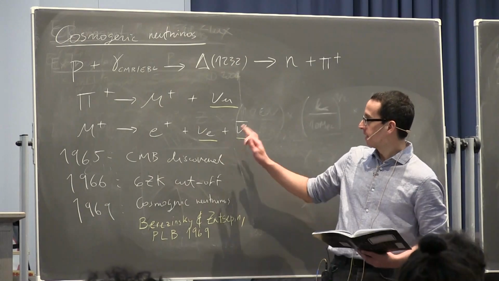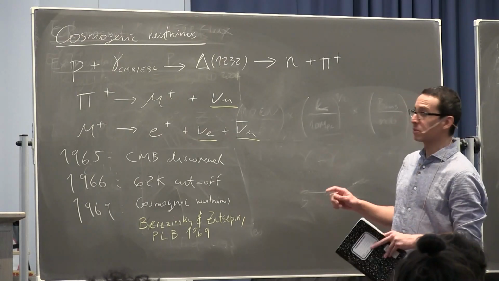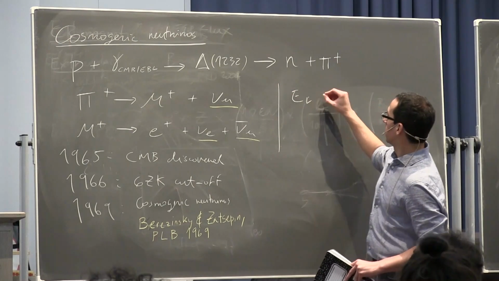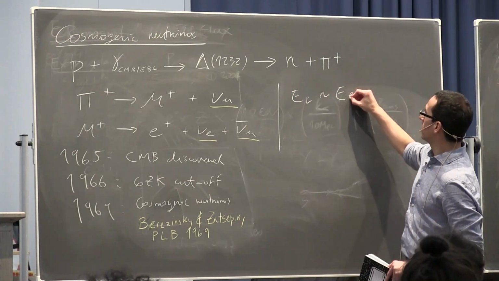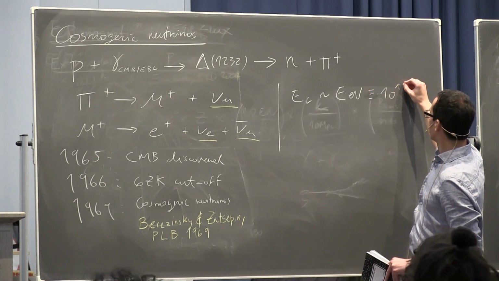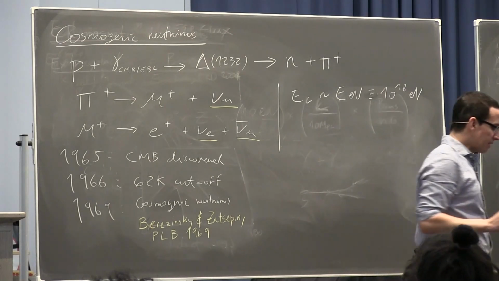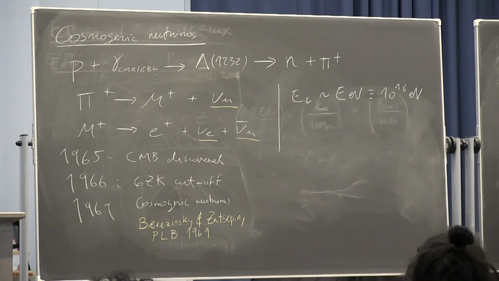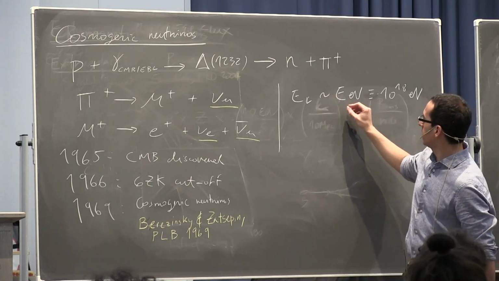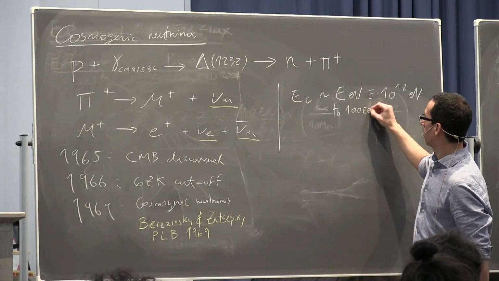So why are they interesting? There's 2 reasons. The first one is, as we will see in a moment, these neutrinos have energies of the order of EeV. So this is 10 to the 18 electron volts in our usual units. And by the way, this is not just EeV, I should actually say EeV to 100 EeV or more.